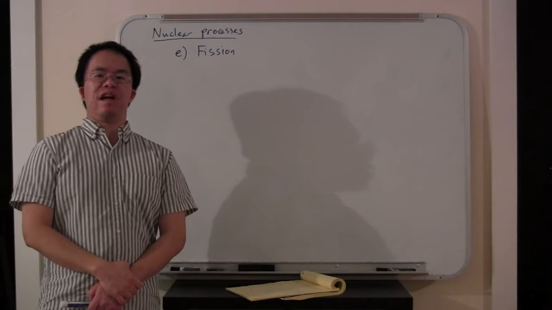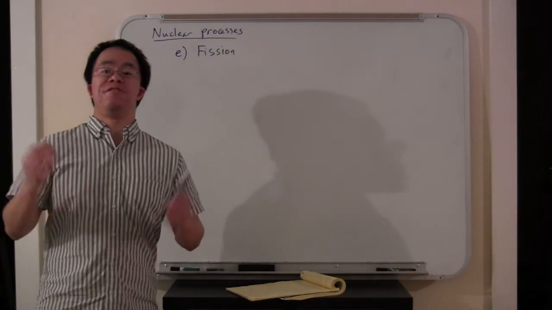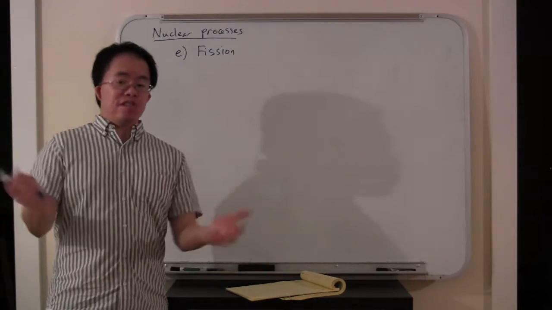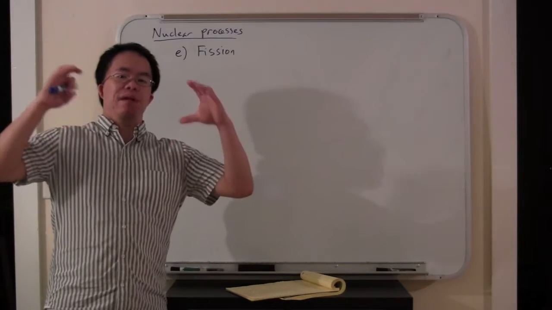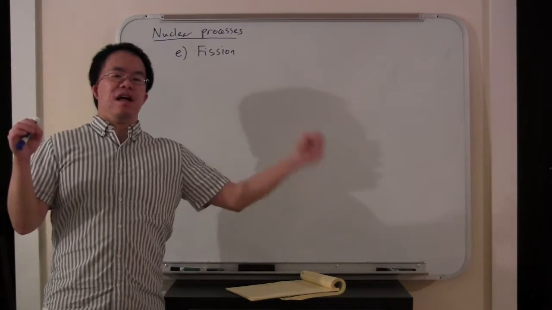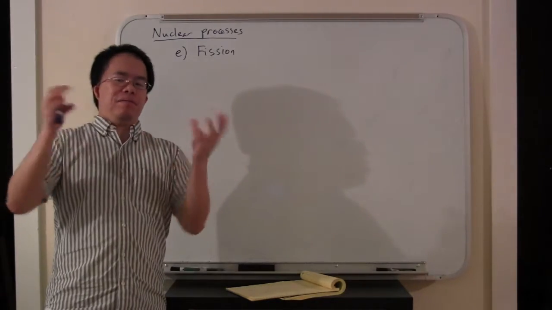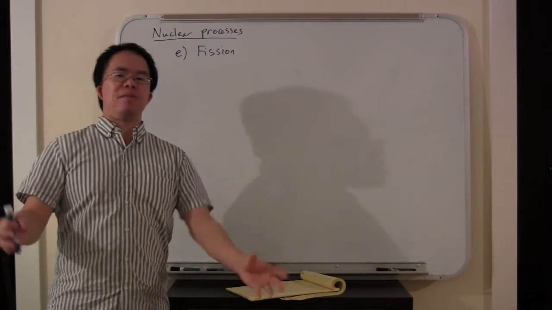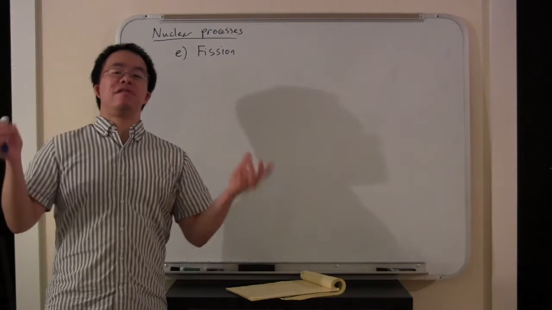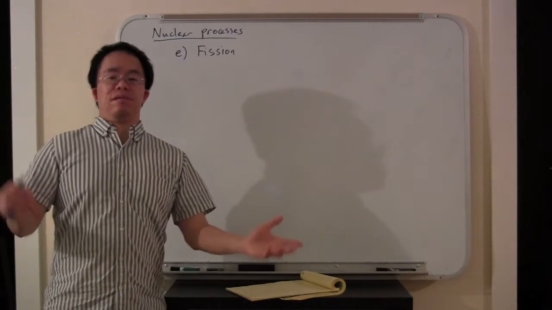The last process I want to talk about is nuclear fission. Fission generally happens when you have some very large nucleus. It comes in and absorbs a neutron, and then becomes unstable, and then breaks apart into less massive nuclei.